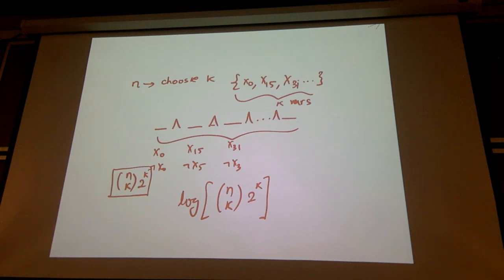N choose k is kind of ugly to take the log of. So instead, we are just going to say this is less than log of n power k times 2 power k. For sure, n choose k is less than n power k, which is order of k log n.